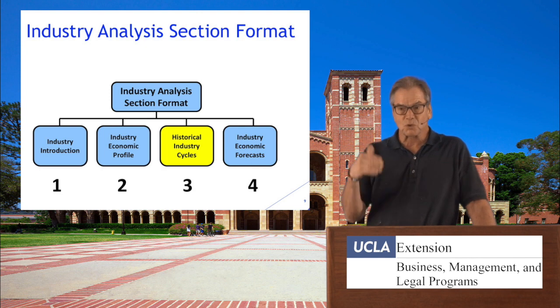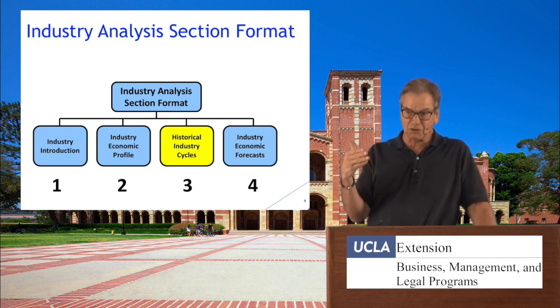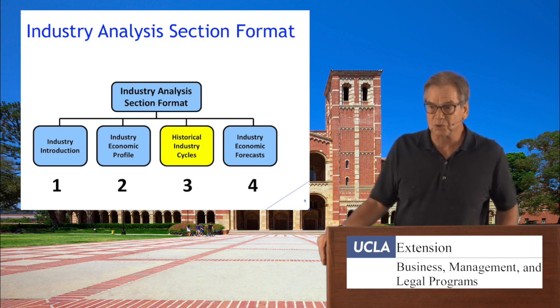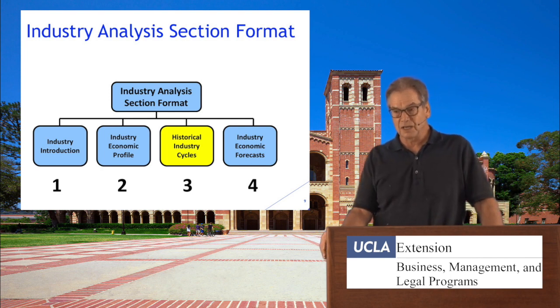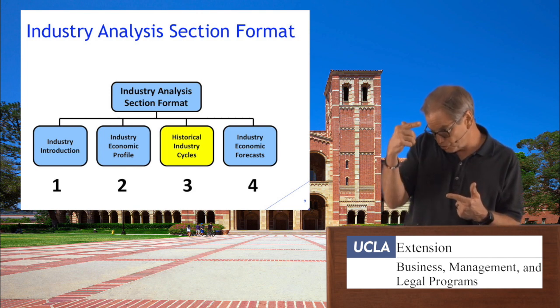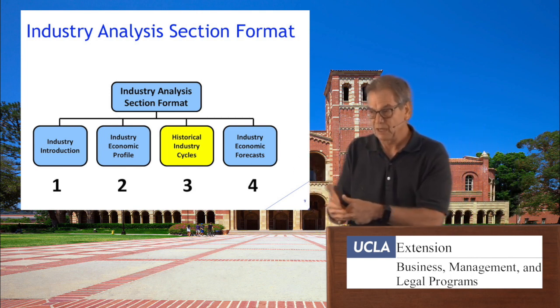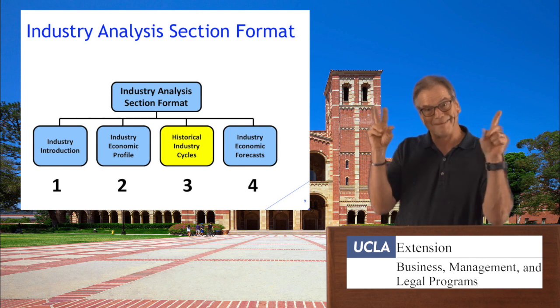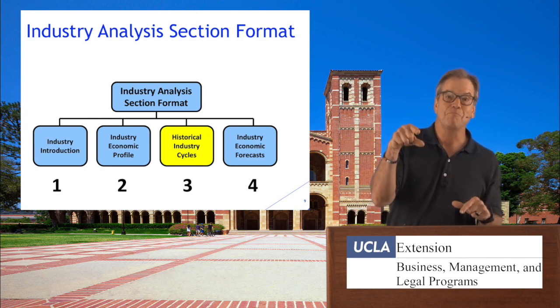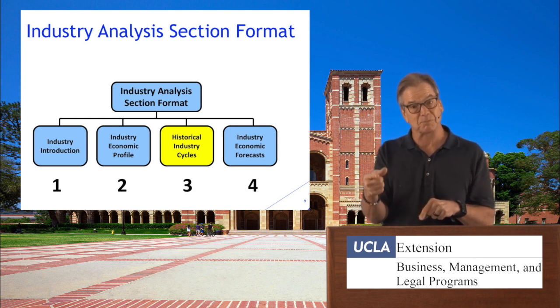So we can start to get a feel for what cycles the industry goes through, and we're going to need to take those cycles and interpret them into market demand for the profit centers that you're going to develop later on.